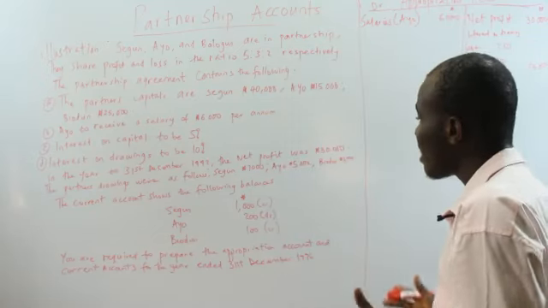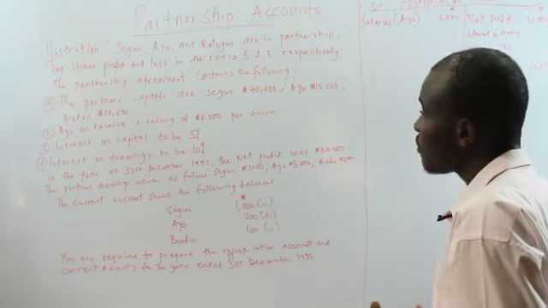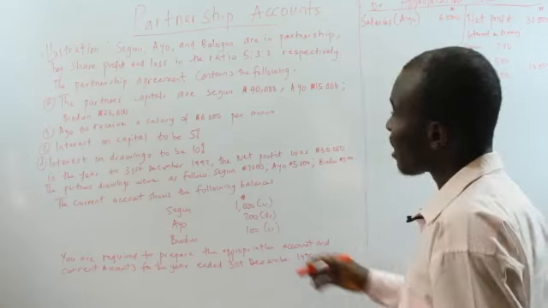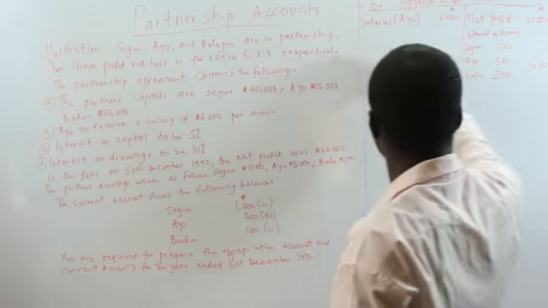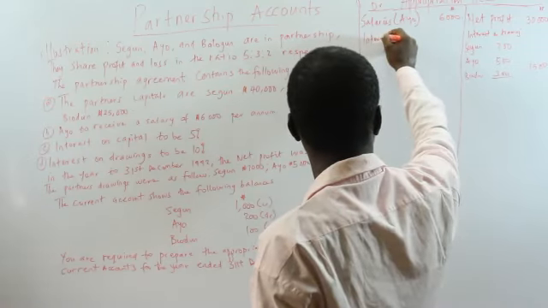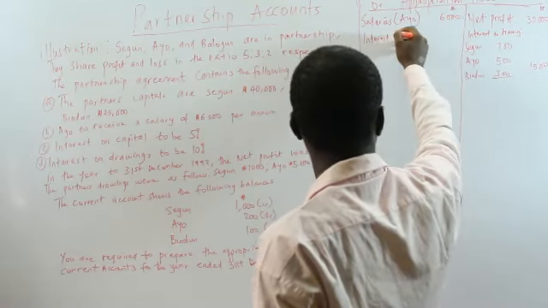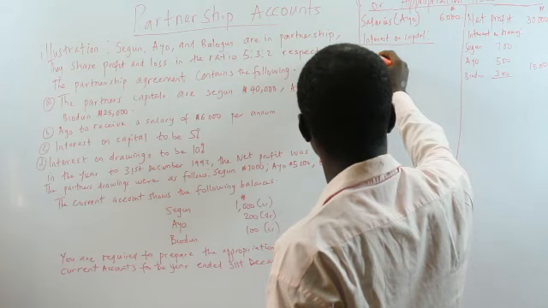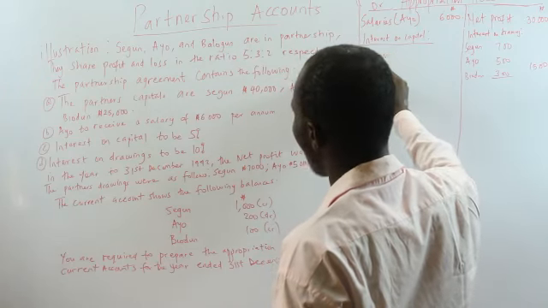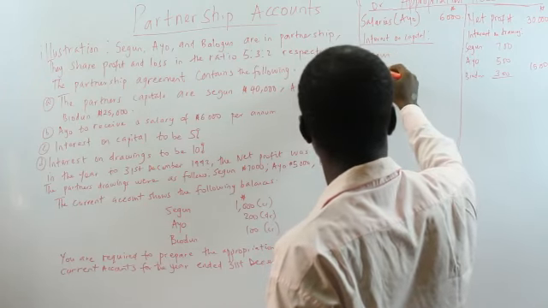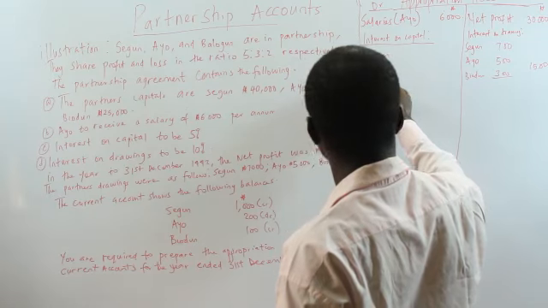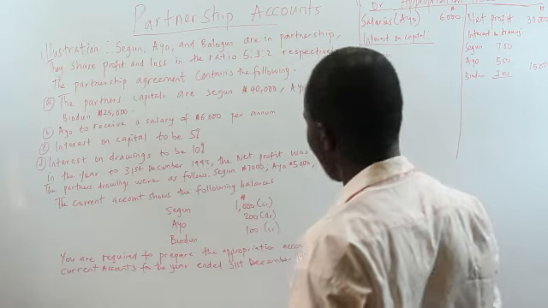Now the next thing is the interest on capital, which is 5%. We are going to have interest on capital for Shegun, Ayo, and Biodun.